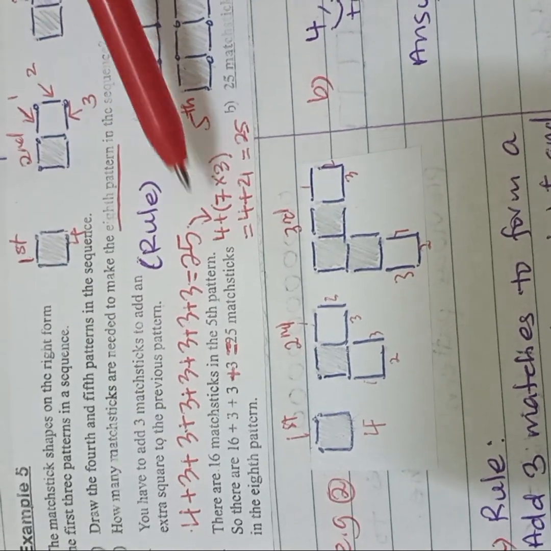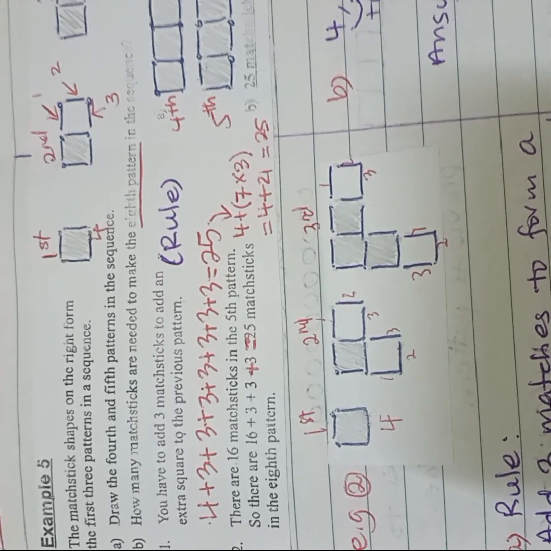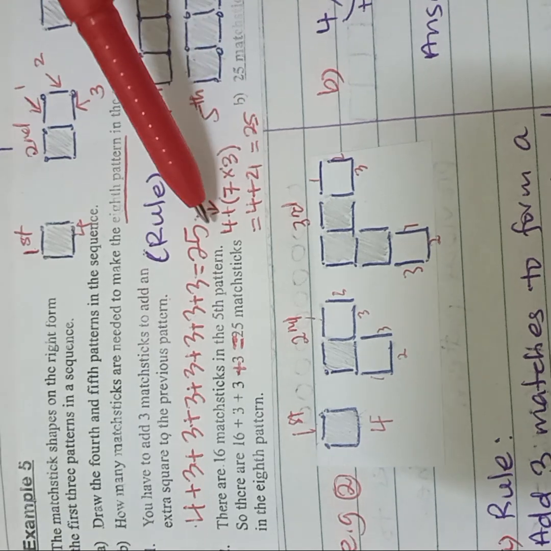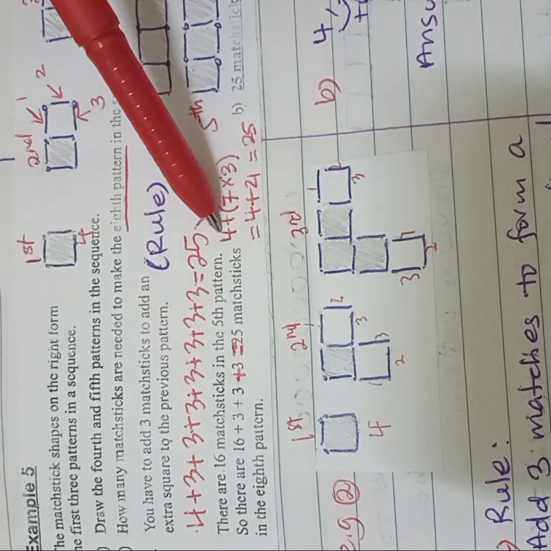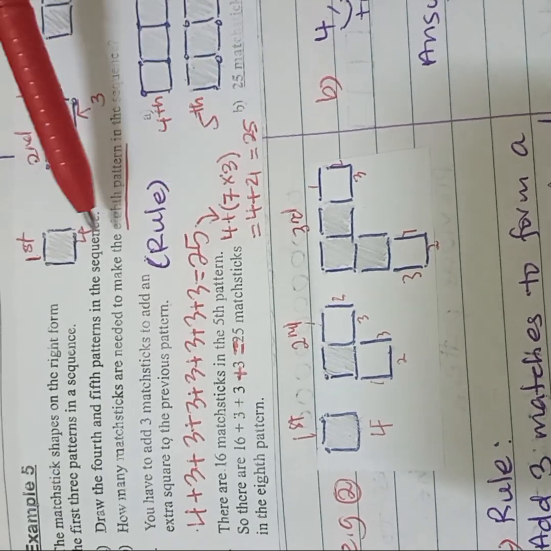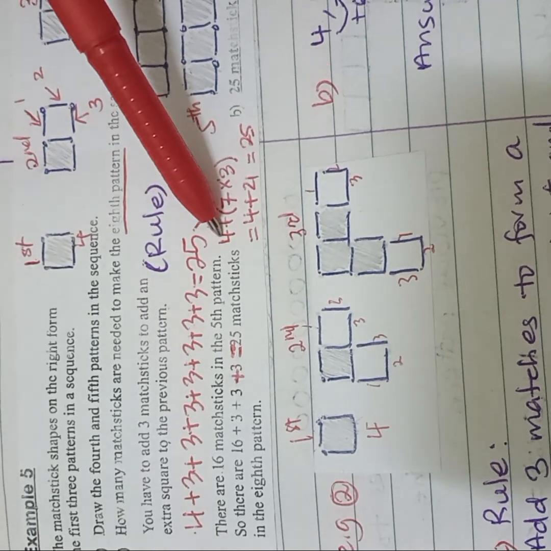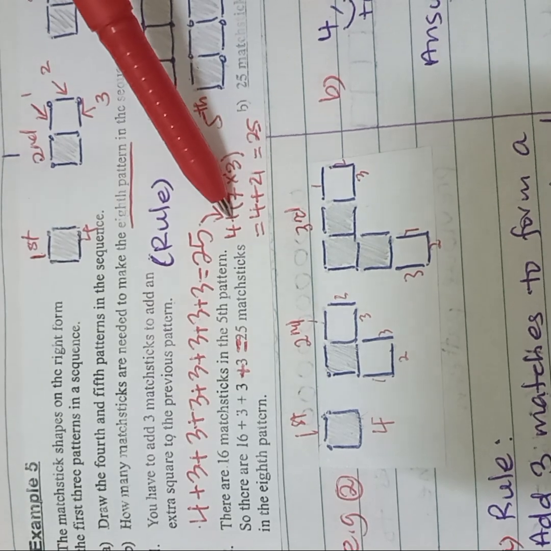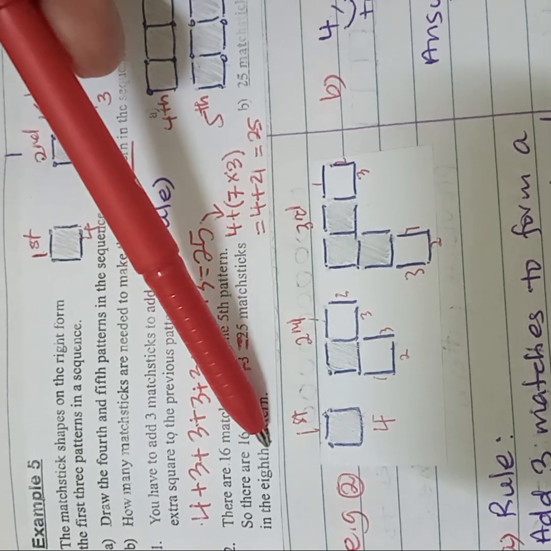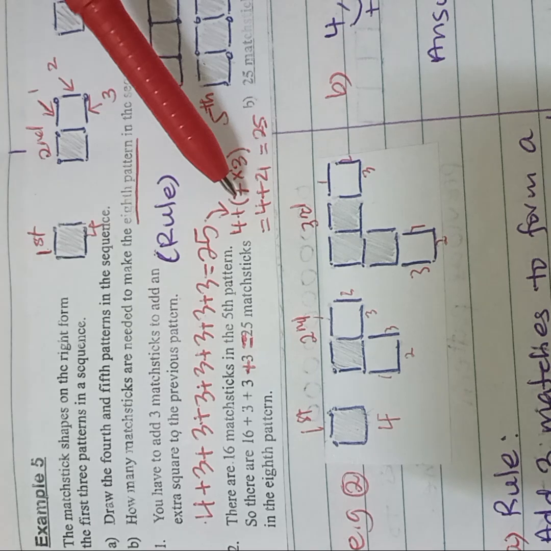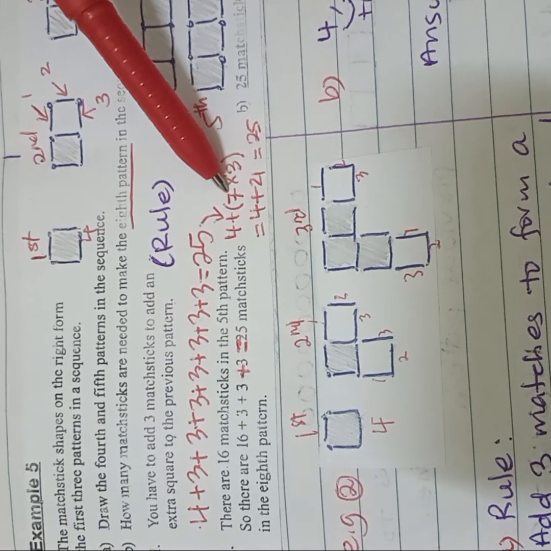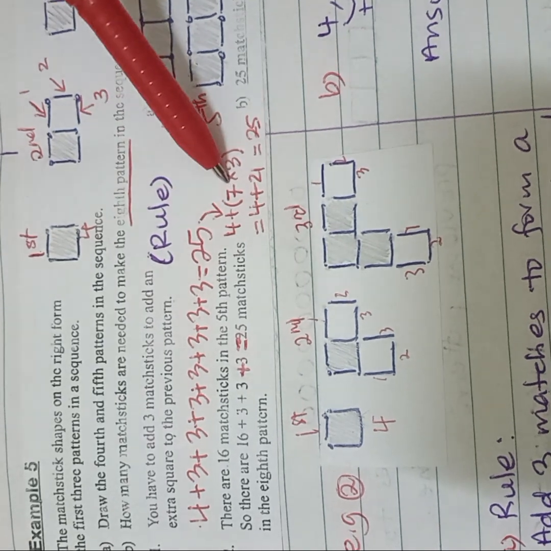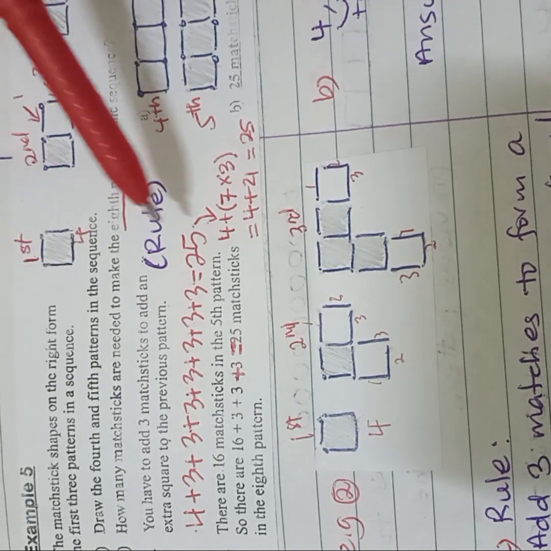A short form of this comes in a formula type of statement here. So the first term, the first pattern, is made up of 4 matches plus, since we are looking for the 8th one, there has to be 7 more added to the first one to get to the 8th pattern.